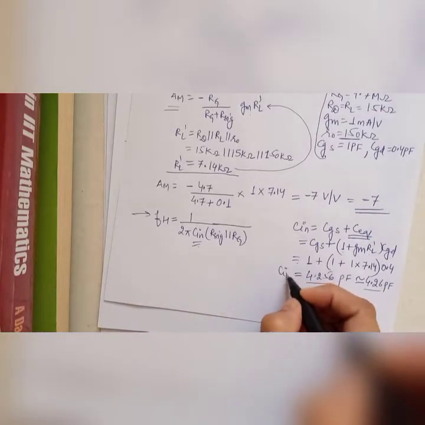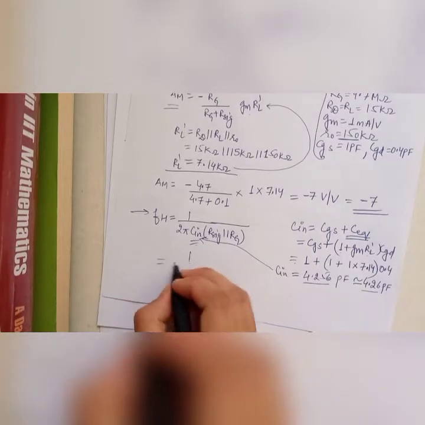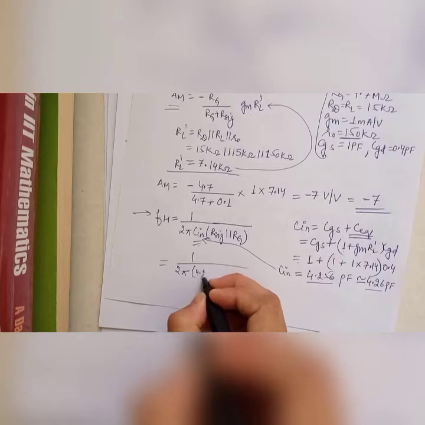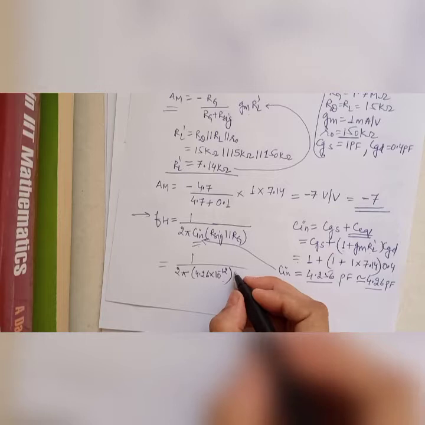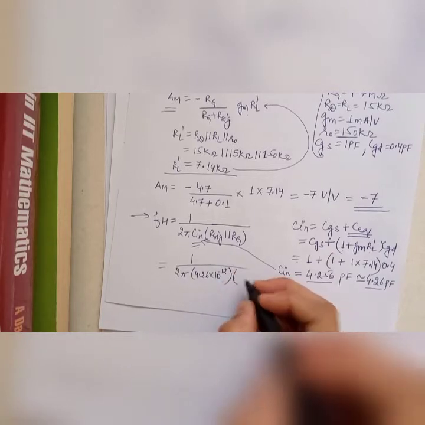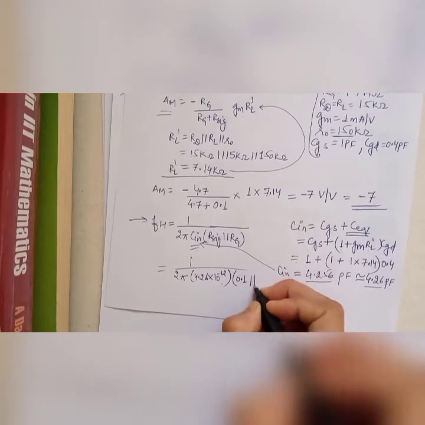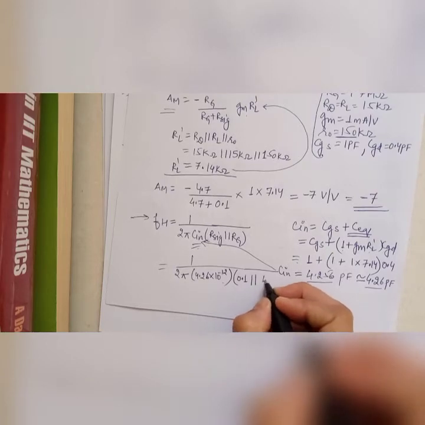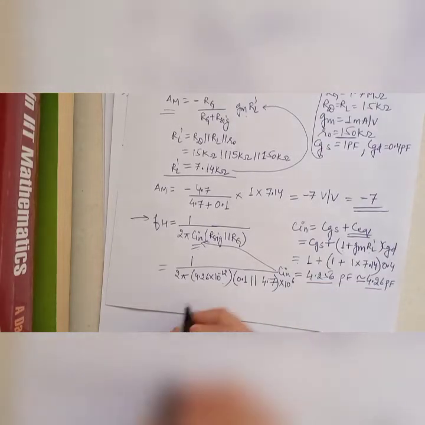So this value of C in which I got, I will substitute here. So let's put the value and find out the answer. 1 upon 2 pi into 4.26 into 10 to the power minus 12, because it's a picofarad. Now RSig parallel with RG. RSig is how much? That is 100 kilo ohm. 100 kilo means 0.1 mega ohm. It is in parallel with RG. RG given to me is 4.7 mega ohms. So mega means I'll put 10 to the power 6.